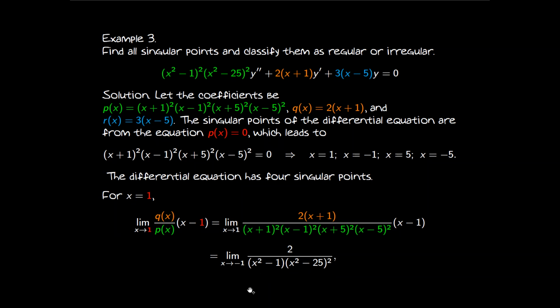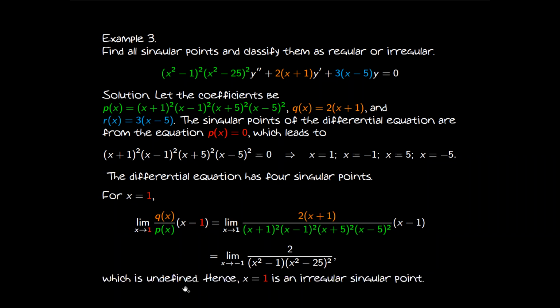And now we understand when we put x equal to 1 into this expression, it's undefined because you have a 0 denominator, right? So therefore, we know this is going to blow up to infinity in this case, right? But infinity is undefined, okay? So it's not a finite value. So therefore, we don't have to really check the second limit.